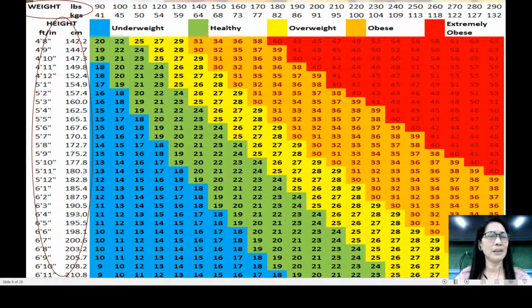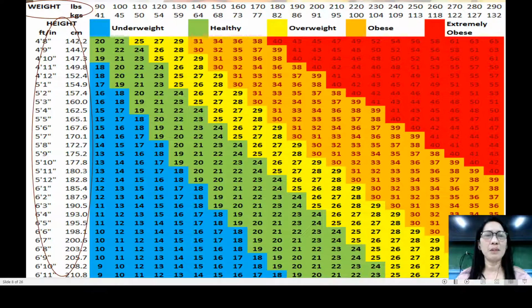And to your left down, you can see the height in feet and inches, and centimeter. Pero ang kukunin natin sa BMI is meter, right? So para ma-convert yung centimeter into meter, you have to move the decimal to the left. Bali, 2 digits to the left.